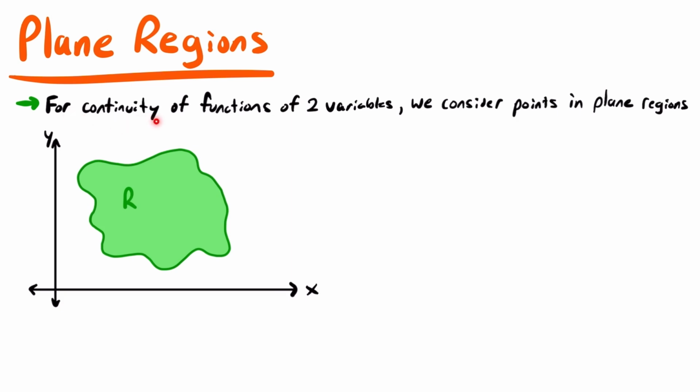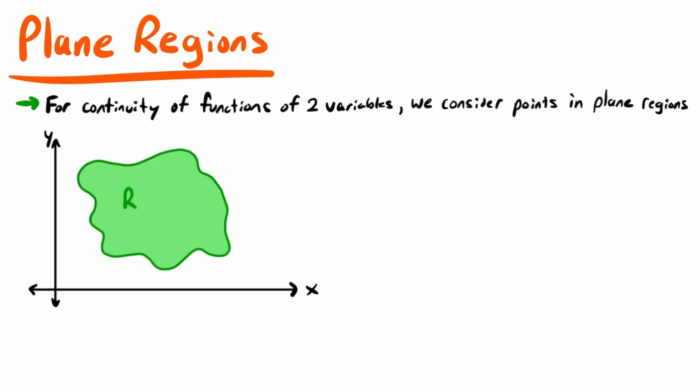Okay, for the continuity of functions of two independent variables, we will consider points in what we call plane regions, which are just sections or regions within the xy plane that represents a collection of points. Okay, by considering these regions, we are accounting for both of the independent variables, that being x and y.